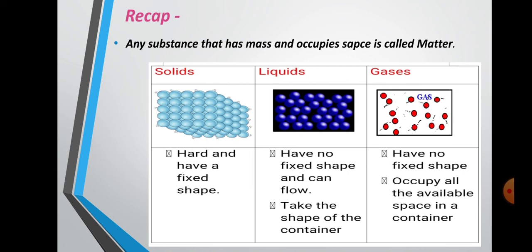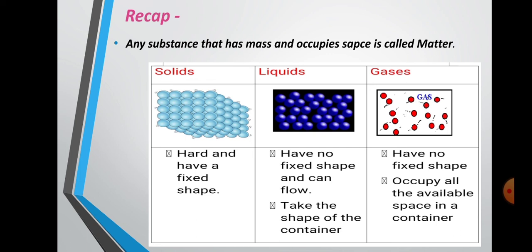Liquids are substances in which the particles are not very closely packed. Gases are substances in which the particles are very loosely packed. Solids are usually hard and have a fixed shape. Liquids have no fixed shape and can flow.